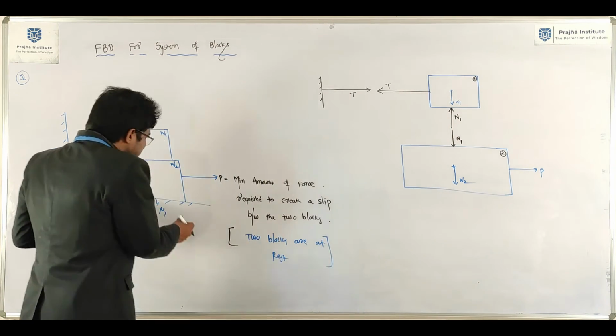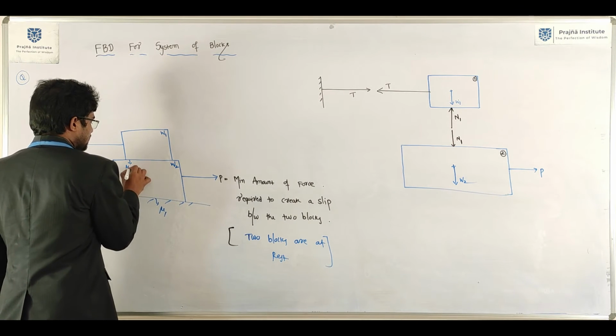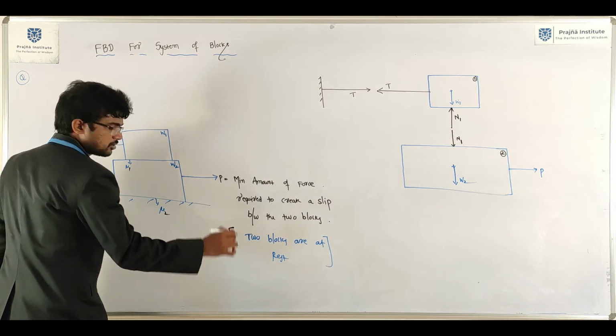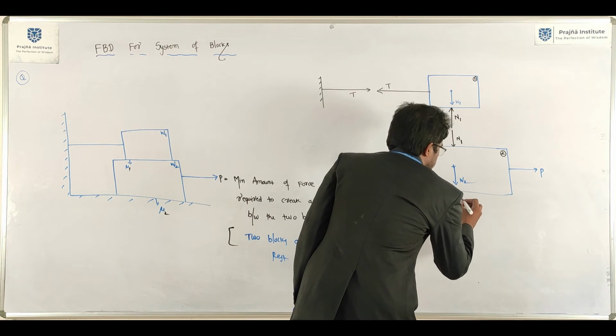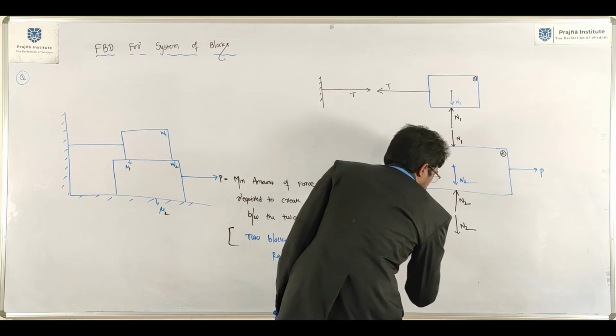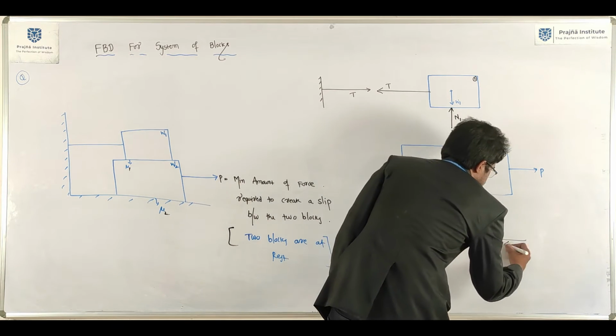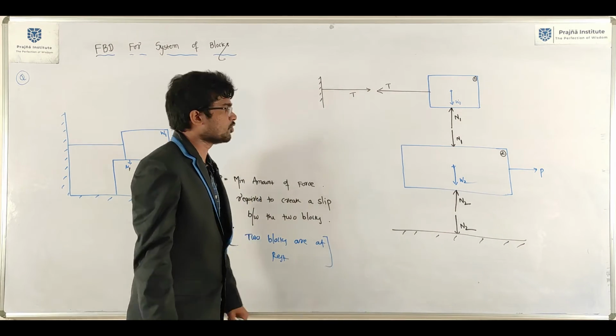Next, at this contact surface, you can take mu1 here and mu2 here. At this contact surface it will be N2, N2: one normal reaction is acting on block 2 and another on the floor.